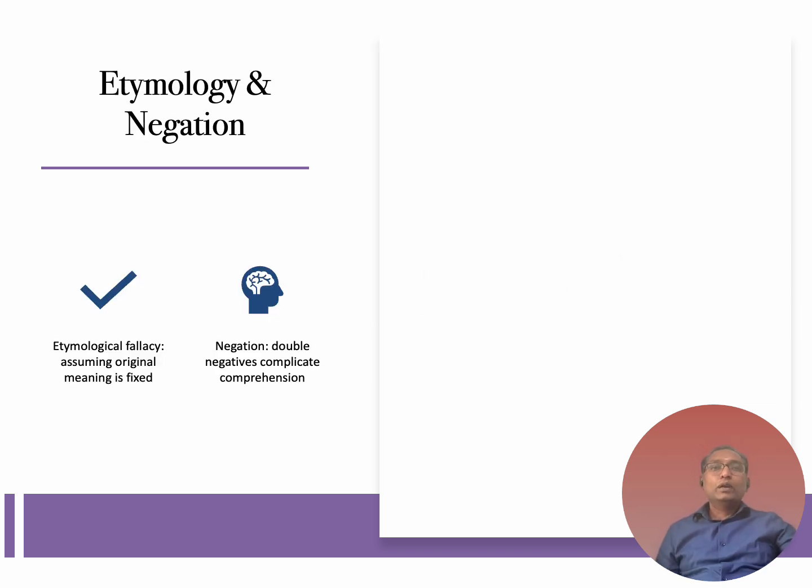Okay, so coming to etymology and negation. Etymology is the study of the origins of meaning, right? The etymology fallacy is that you use a word based purely on the origin of the word, but not how it is supposed to be used.